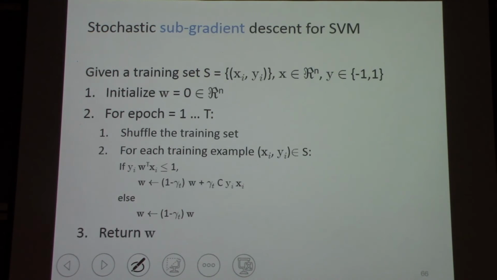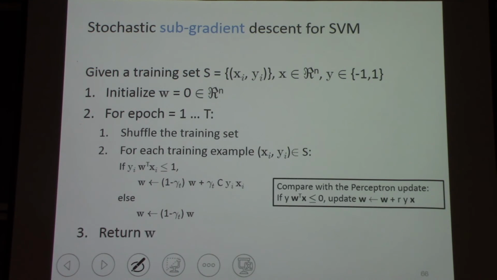Okay, so just to remind you, this is the algorithm for stochastic subgradient, and what is surprising to me is, I'm sure many of you have already seen it, but nobody pointed out explicitly that this basically looks a lot like the perceptron. Just compare this.